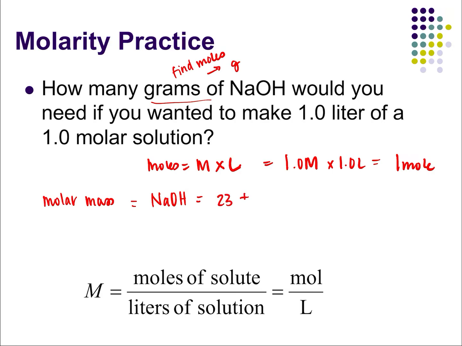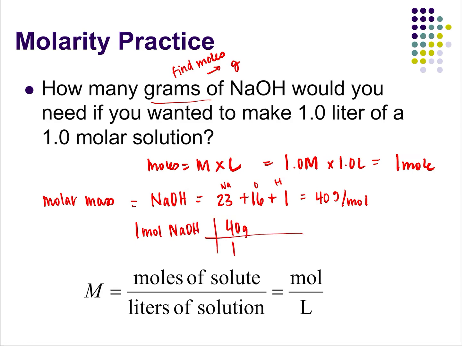For NaOH, if I look at the periodic table, Na is 23, O is 16, and hydrogen is 1. That's 40 grams per mole. So for this problem, I would need 40 grams of NaOH to make 1 liter of 1 molar solution.